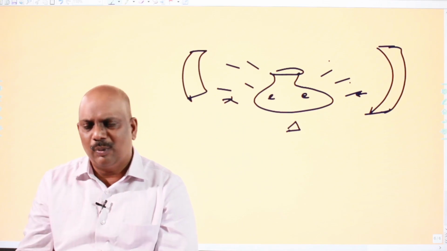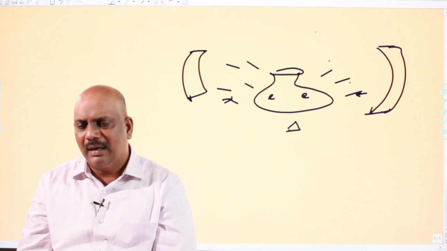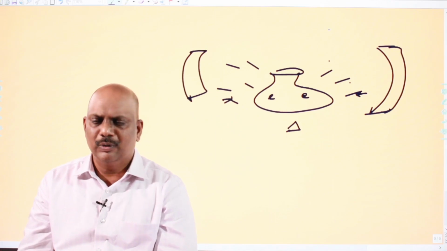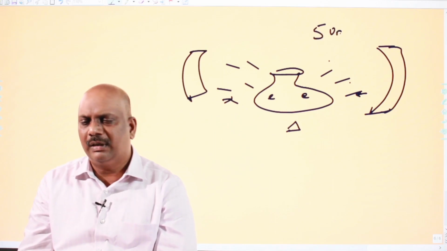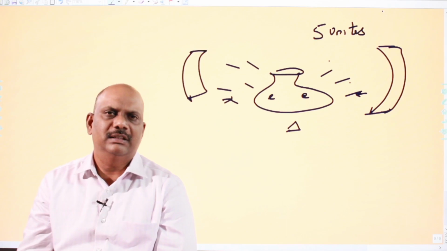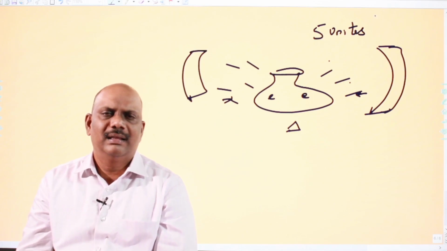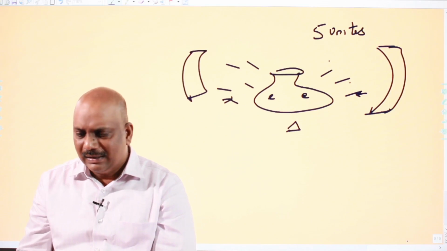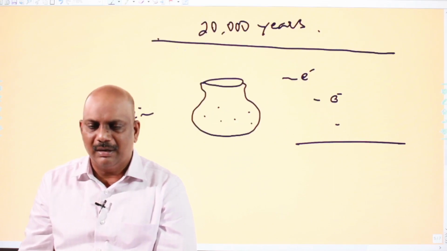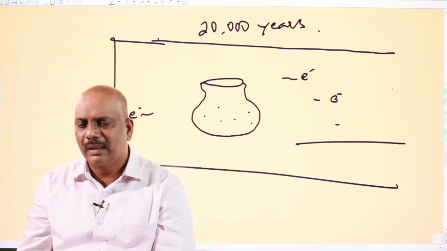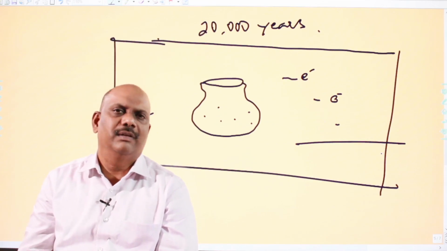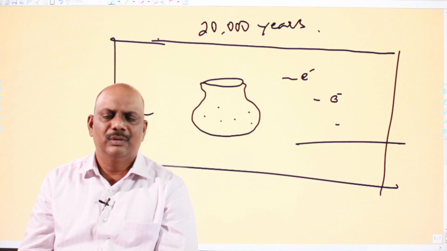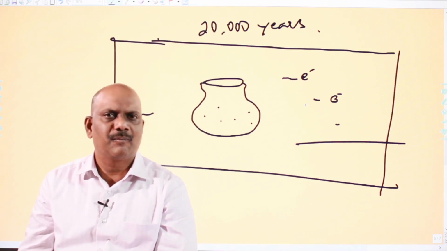So once they estimate that it managed to produce, say, 5 units of thermoluminescence, they will compare this with the radioactive substance present in this environment. In this environment, how many free electrons are moving? So this much radioactive substance is here.